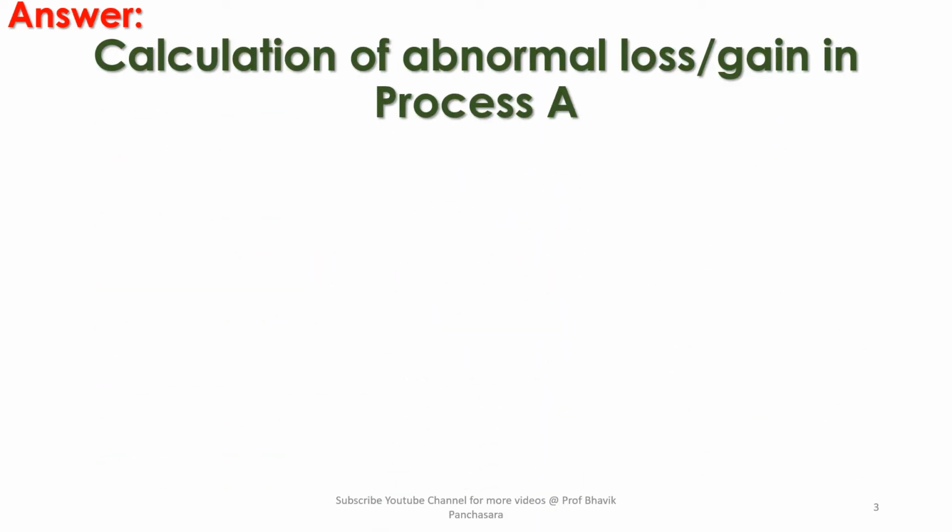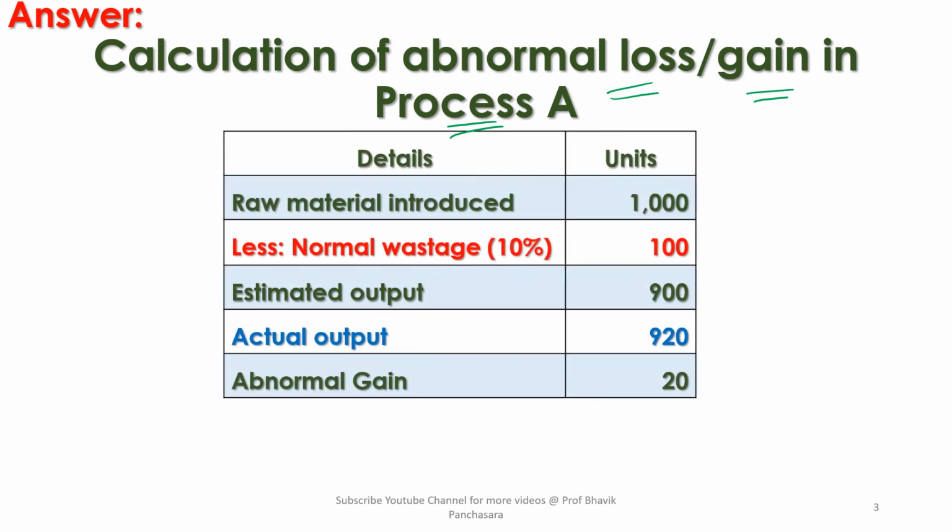So first of all friends, we will start with calculation of abnormal loss or abnormal gain in first process. To calculate this, first of all we will see the raw material introduced in units. So total 1000 units were introduced. Now the percentage of normal wastage is 10% on material introduced, means 100 units are normal loss units.